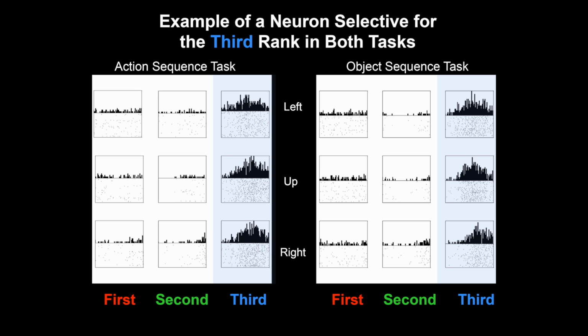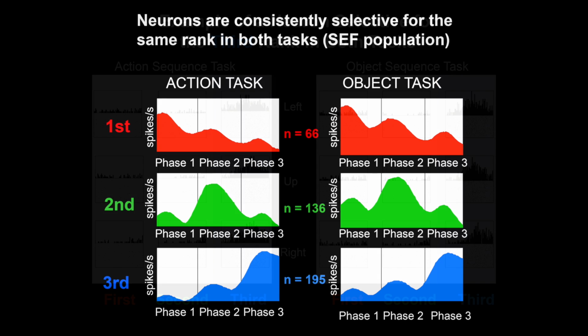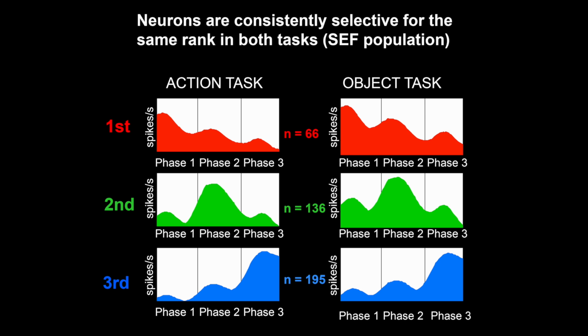To quantify the degree of concordance across the two tasks, we performed the following analysis. We first selected all of the neurons which were selective for rank 1 in the action sequence task and displayed neuronal activity in terms of spikes per second in each phase of the trial. It looks cartoonish, but it's actually real data, minus the error bar, which you won't be able to see because of the high number of neurons.